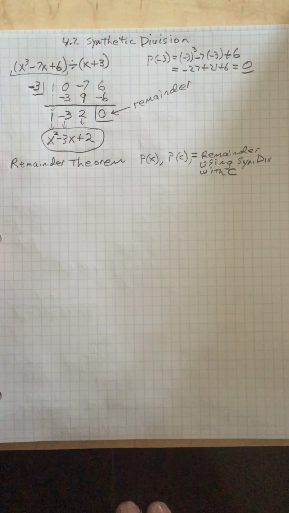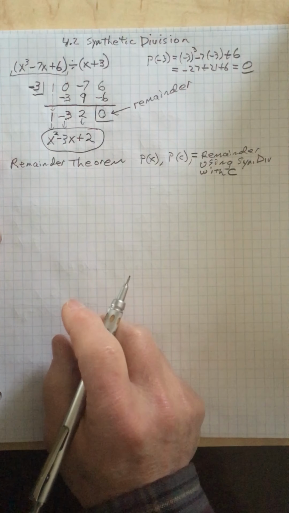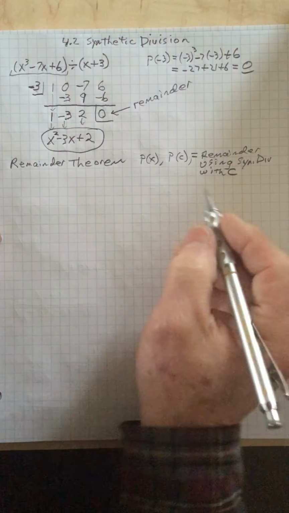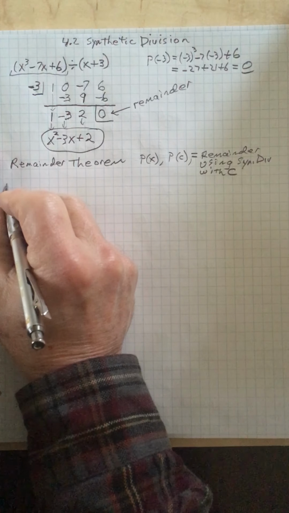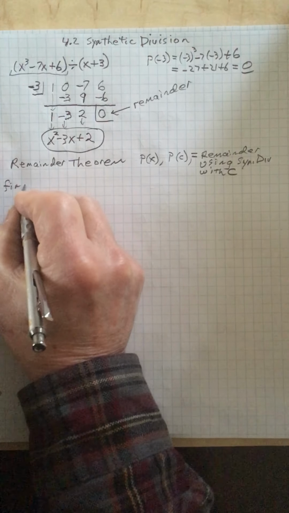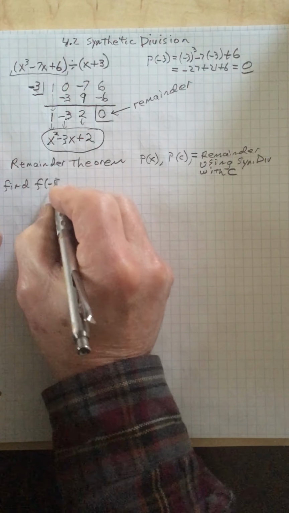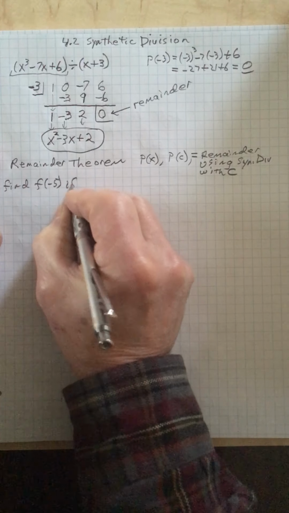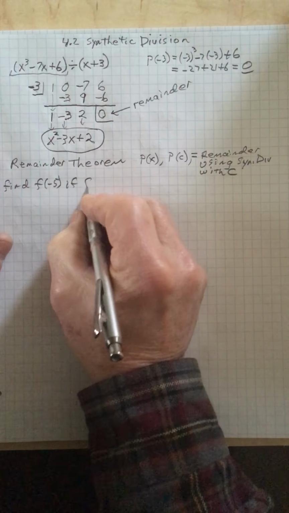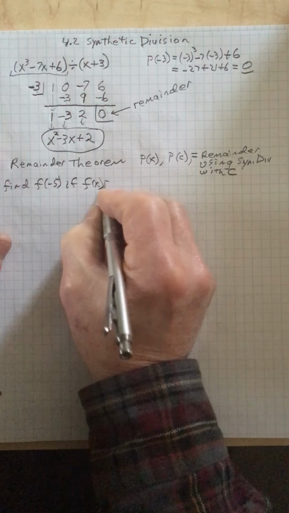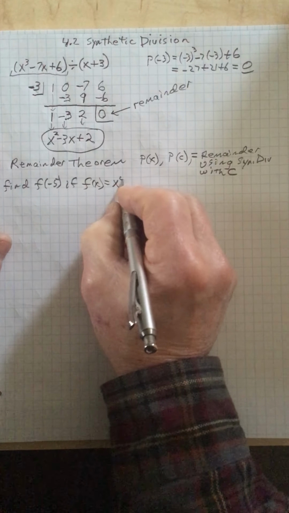Let's try one a little more interesting. Let's find f of minus 5 if f of x is going to equal this.